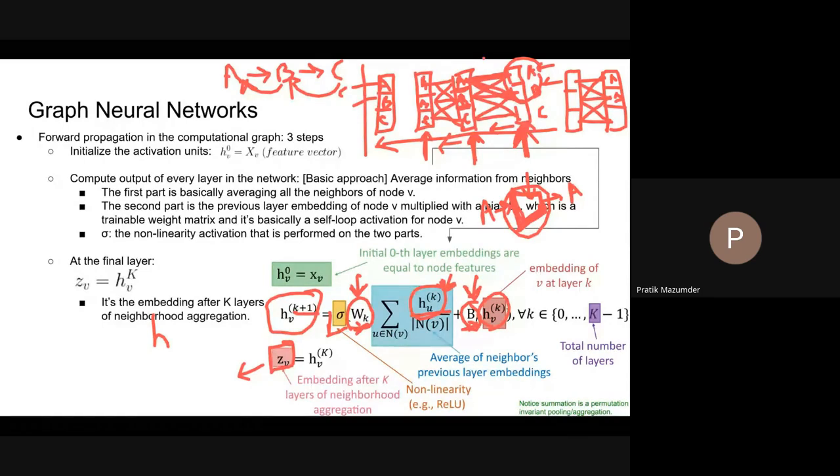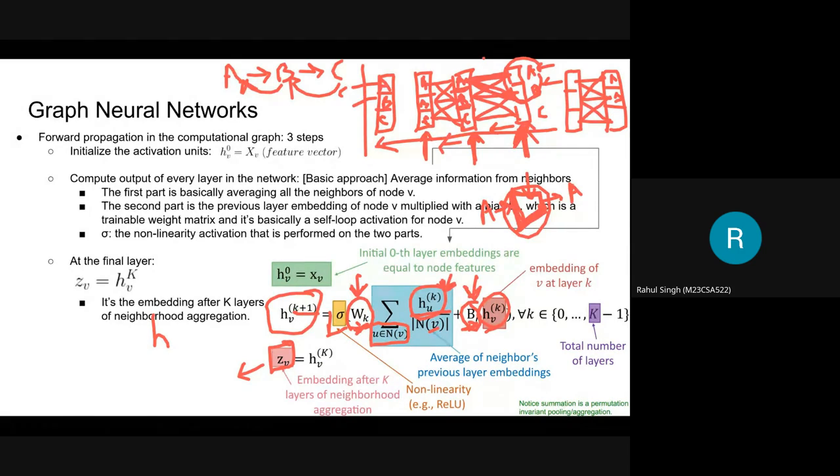This H_v is the current layer embeddings, right, available for each of the nodes. H_u basically represents the embeddings of each of the neighbors of, let's suppose, A, which is v.